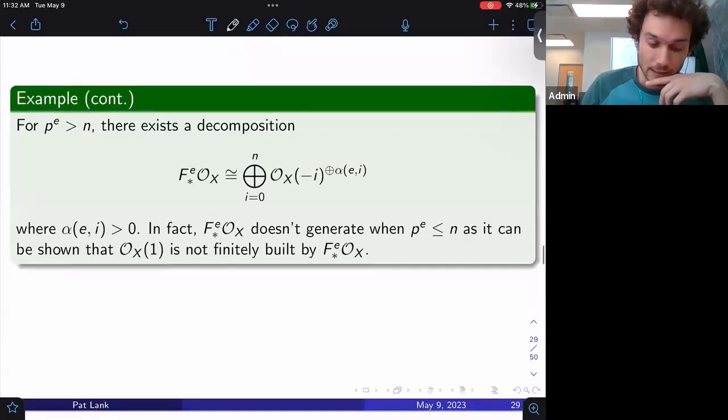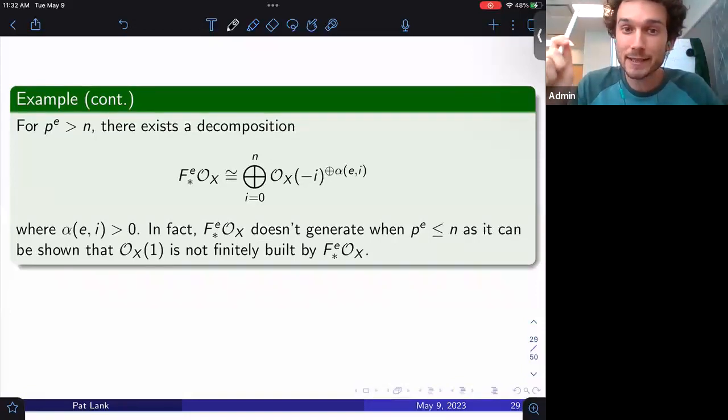Well, when p^e is larger than n, where p is the characteristic of the base field, we have the following decomposition of the e-th pushforward of O_X. In particular, it's the direct sum of these line bundles appearing in Beilinson's collection.